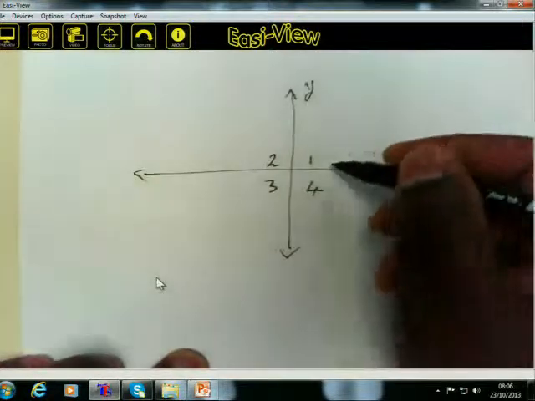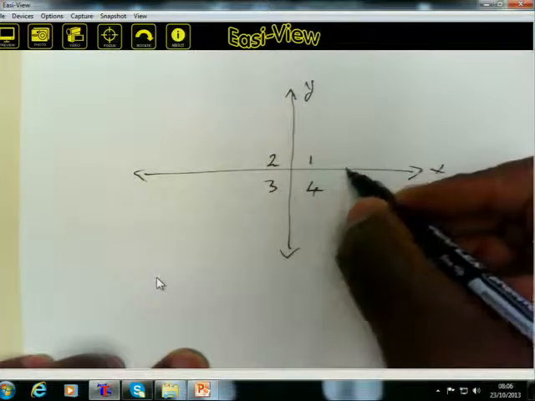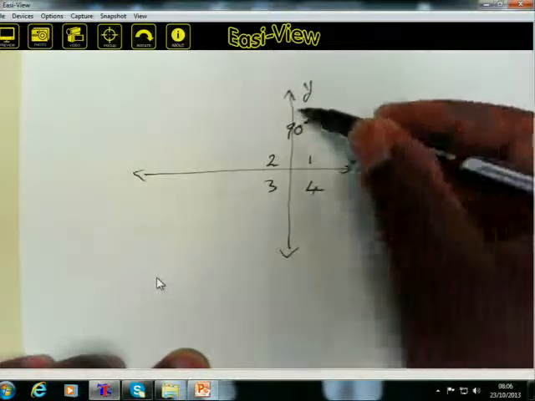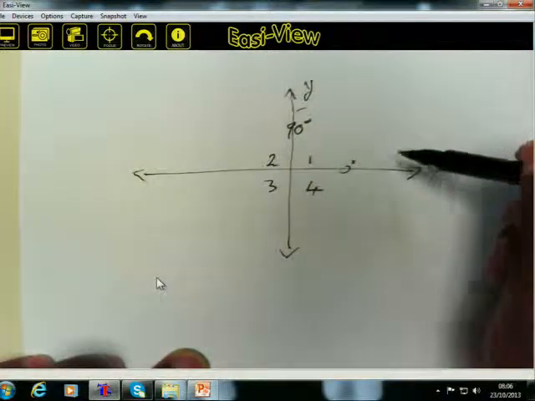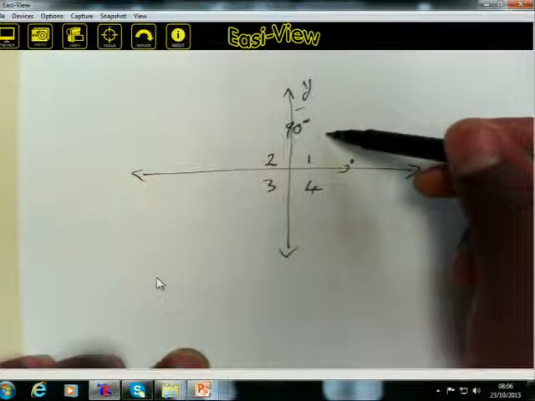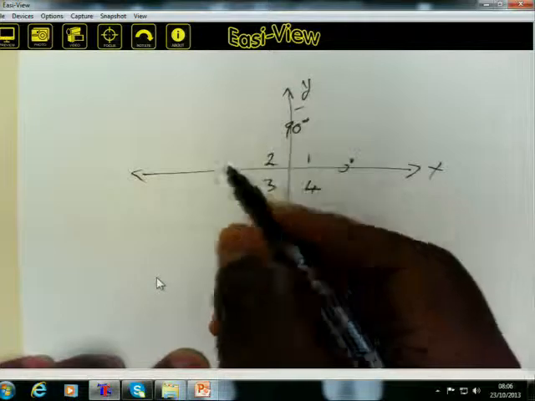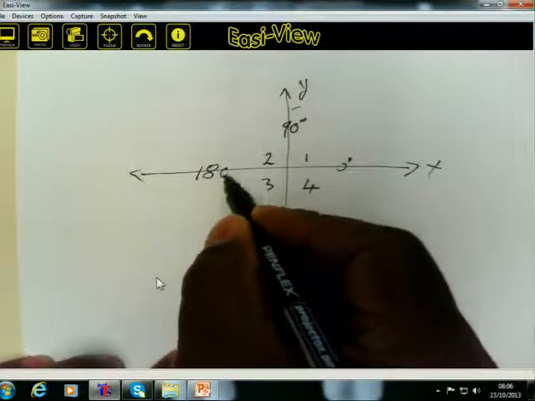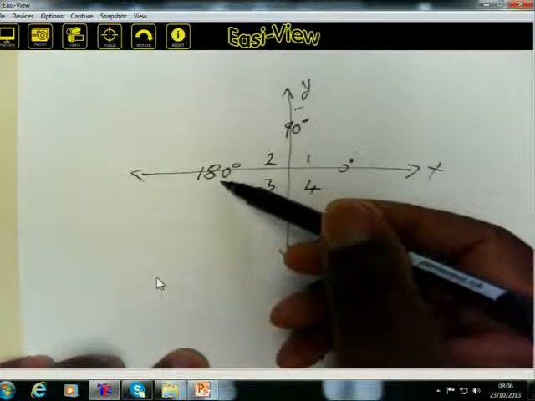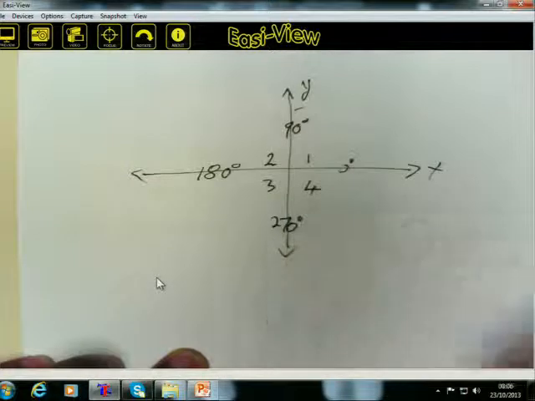In the first quadrant, remember, that's where the angles range between 0 and 90 degrees. All the angles in the first quadrant are greater than 0 but less than 90 degrees. Angles in the second quadrant are greater than 90 but less than 180 degrees. Angles in the third quadrant are greater than 180 degrees but less than 270 degrees.